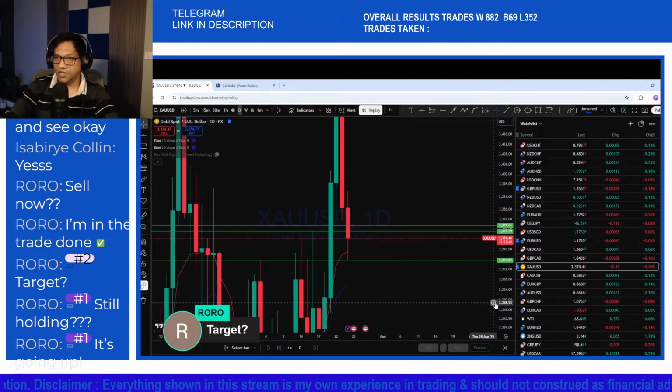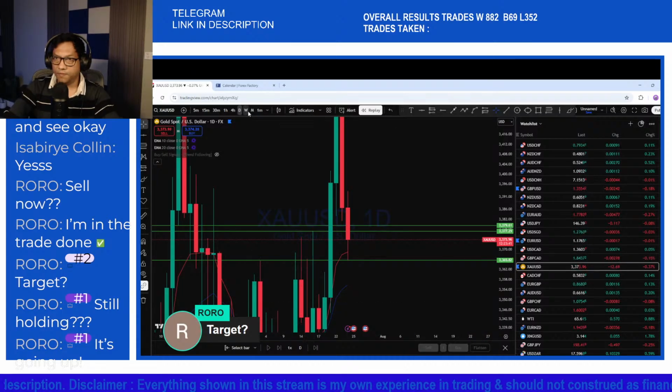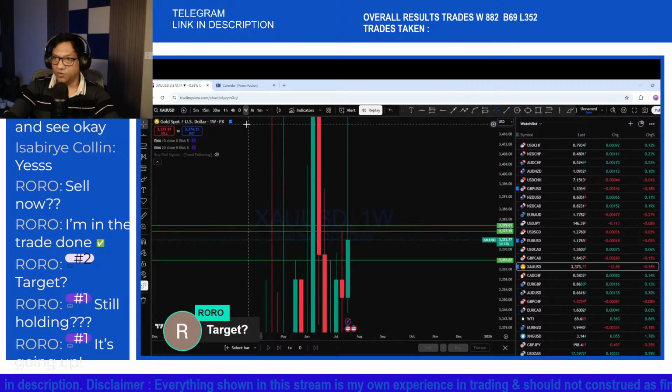So the price is getting the rejection from the daily 20 EMA, which is the weekly level.